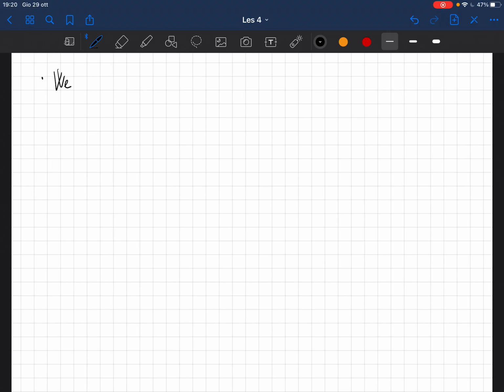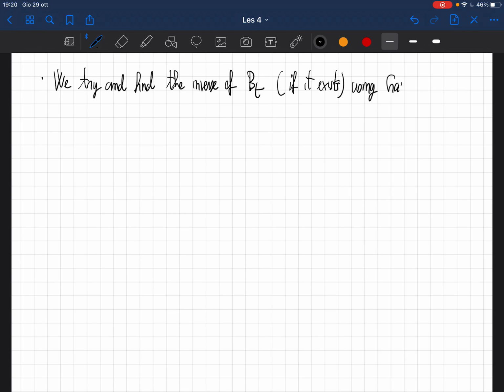We try and find the inverse of BT, of course, if it exists, using Gauss.